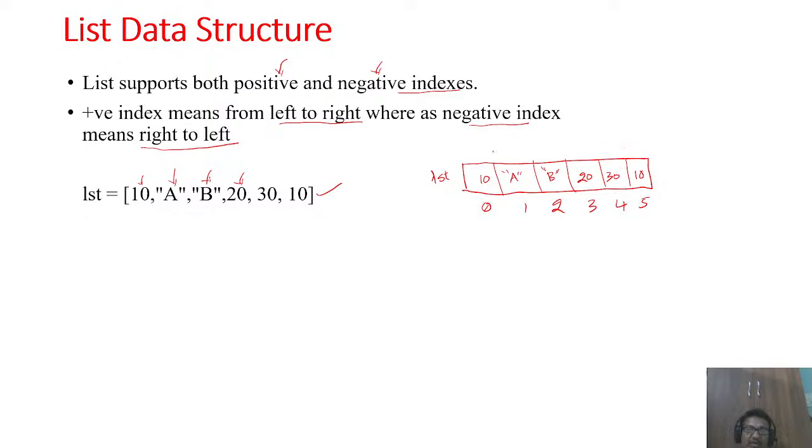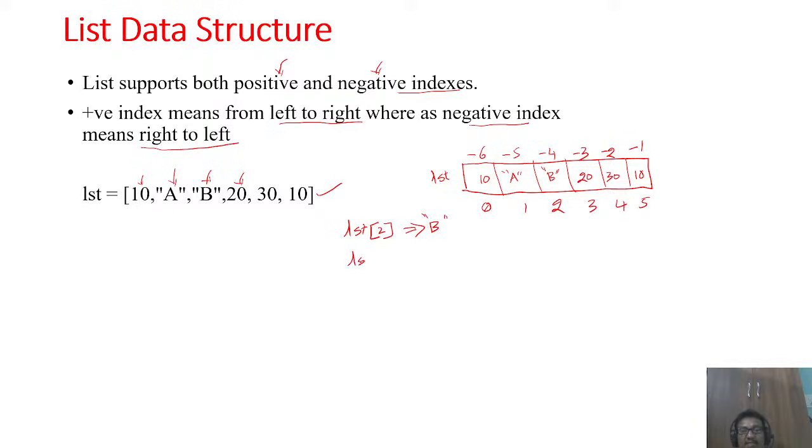When you traverse from right to left, you can assign negative indexes. The last element has index -1, then this is -2, -3, -4, -5, -6, same as an array. If you want to access the third element in the list, you say list of 2. When you say list of 2, this gives the element b here.